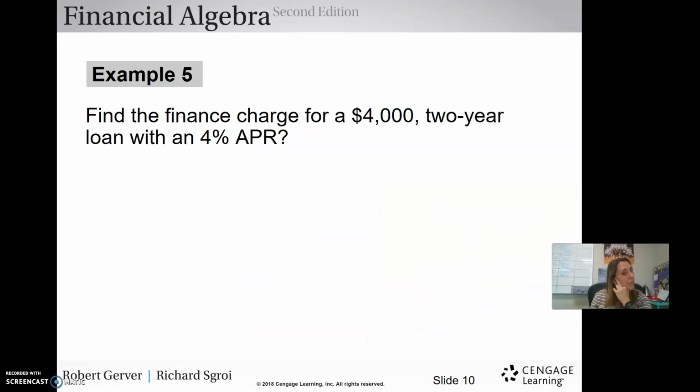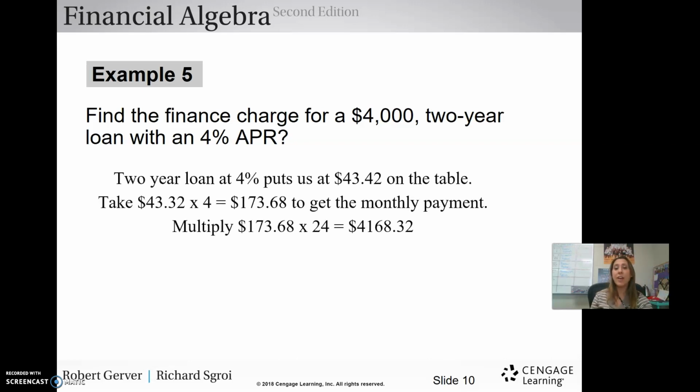All right, so now we're going to go back to that original problem we were starting with, with the $4,000 loan, but we want to find the finance charge. We had already found that if it was this amount per $1,000, $43.42, we multiplied that by 4 to get the monthly payment of $173.68, and then we figured out what our total was.